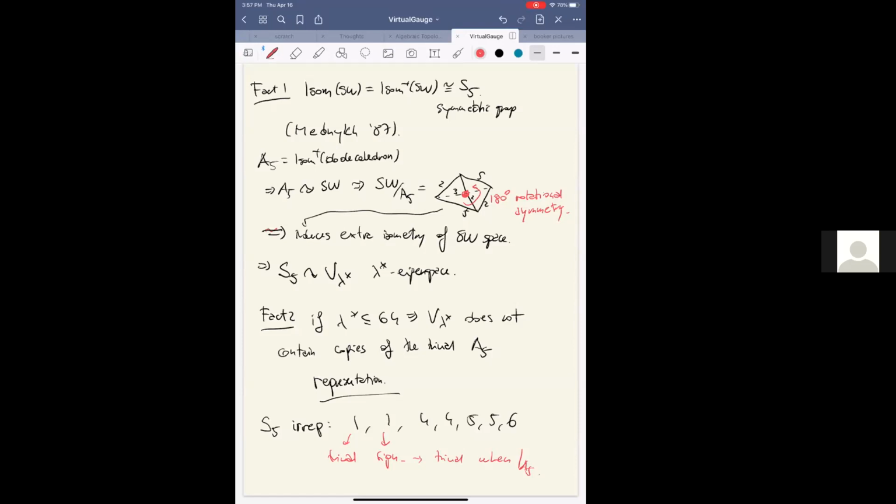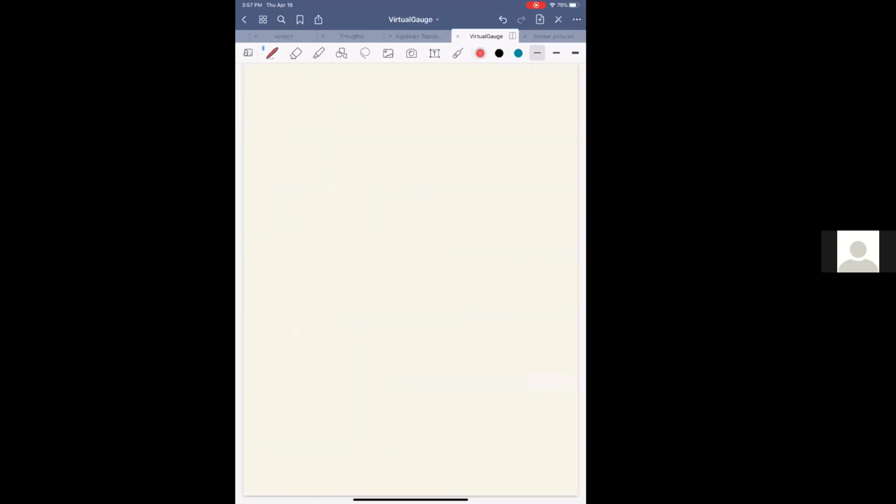Yeah, so I guess the observation is that if you have a trivial A5 representation inside V lambda star, this corresponds to a lambda star eigenform on Seifert Weber mod A5. A trivial A5 representation means that this eigenform is invariant under the action of the alternating group, so it descends to the quotient.